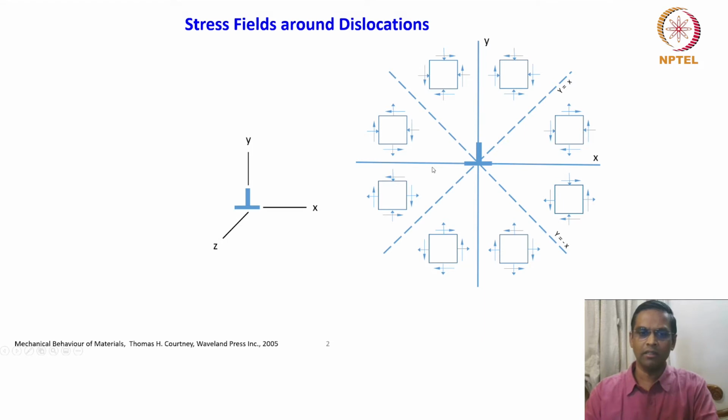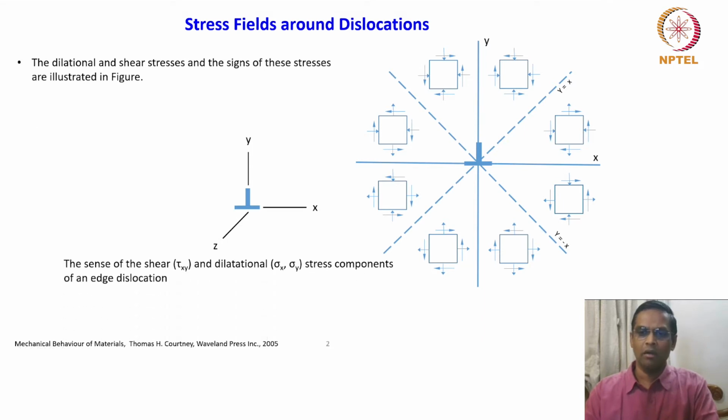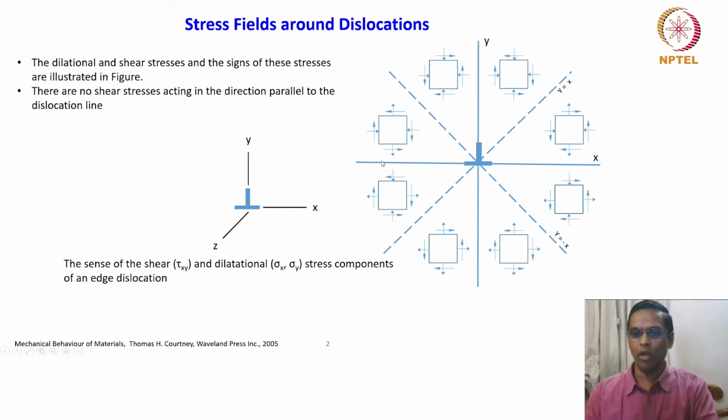It is quite complicated, but above the extra plane the state of stress is hydrostatic compression, and below it is hydrostatic tension. Along the y-axis it is completely hydrostatic, with no shear stresses. But along the x-axis there are no hydrostatic stresses, only shear stresses on both sides.